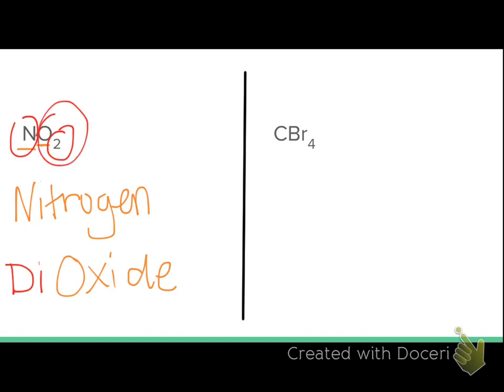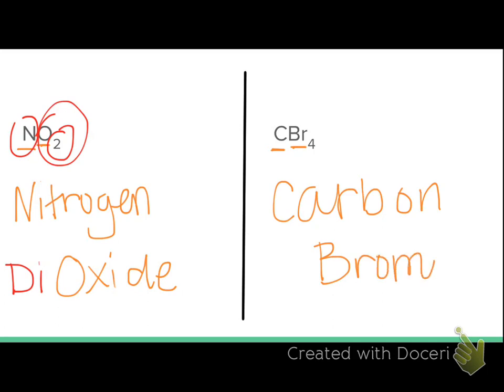All right, taking a look at our next one. C. What's C? Carbon. There's only 1, so no need for a prefix. Br is bromine. Change your second to an IDE, so bromide. Then taking a look at how many bromines we have: 4.